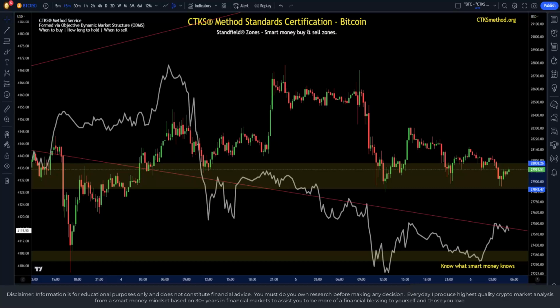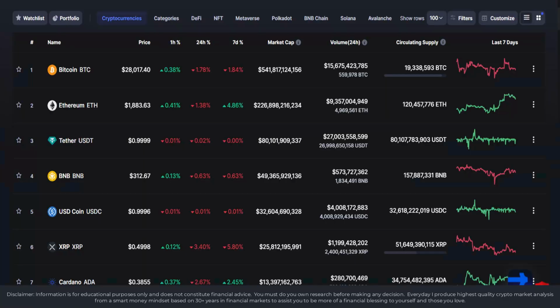That can give you some directional idea of where the markets could be going, especially if the liquidations have been very, very high. But we can see the total liquidations around the 80 million, they're not so great at the moment.